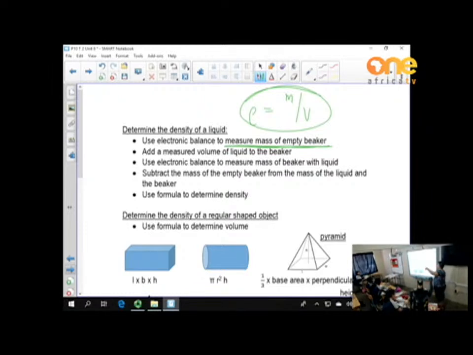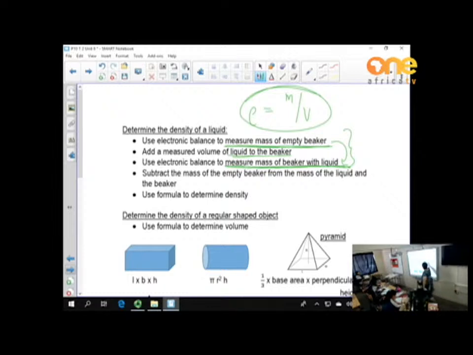And then we will add the liquid to the container, and we will measure the mass of the container with the liquid. Are you with me? And then, to get the mass of the water, we will subtract the empty beaker from the mass of the beaker and the liquid. All right?